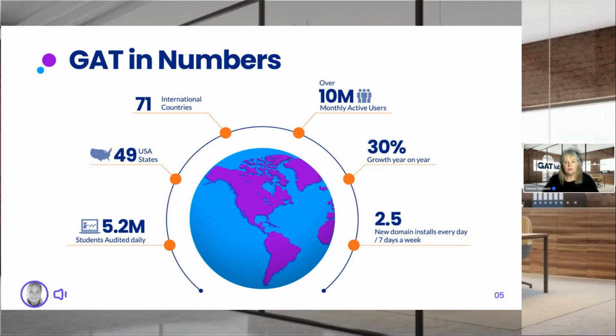We have over 10 million active monthly users, and our GAT auditing and security products are being used by customers in 49 US states and in 71 international countries. As a business, we've been growing and we continue to grow at 30% year on year with approximately 2.5 GAT installs 7 days a week and 365 days a year.